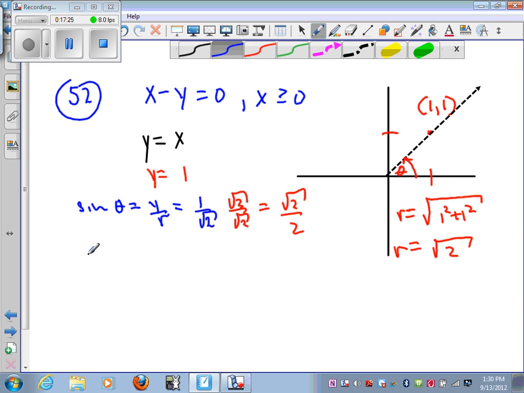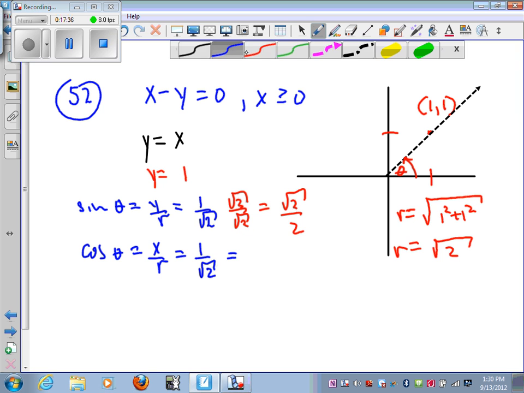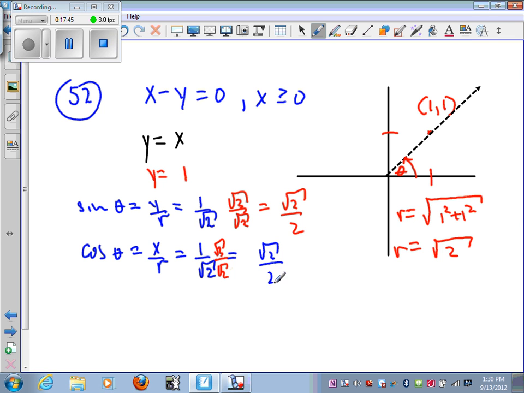Now the cosine is x over r, and that's 1 over the square root of 2. And when we rationalize the denominator, we get square root of 2 over 2.